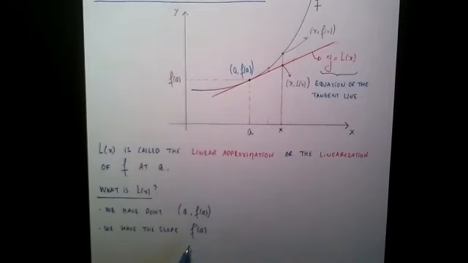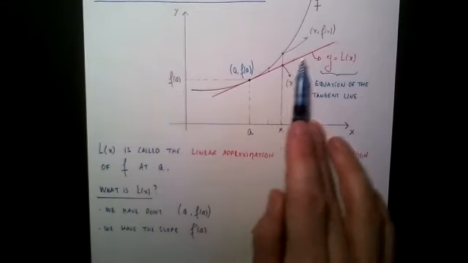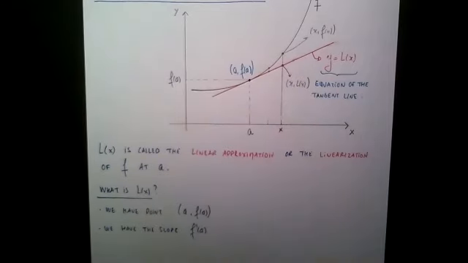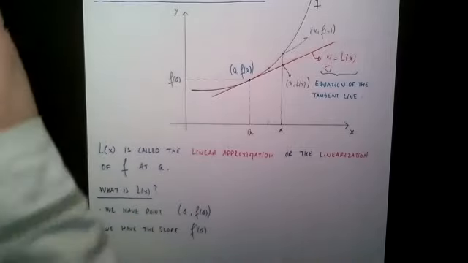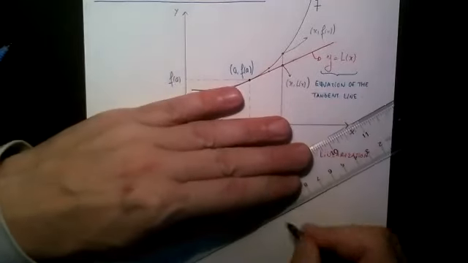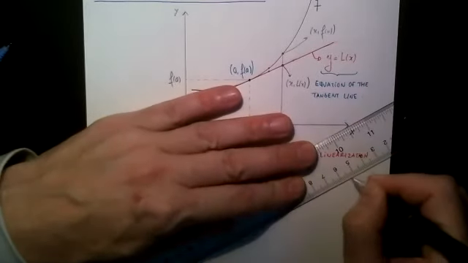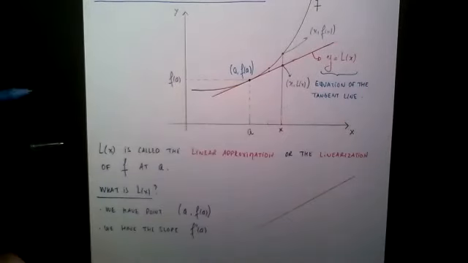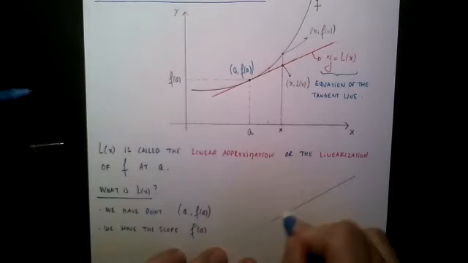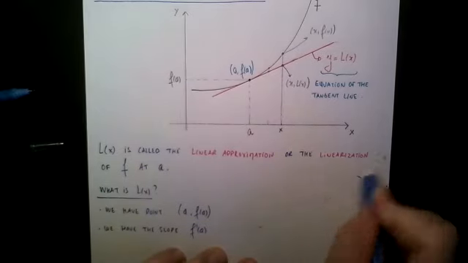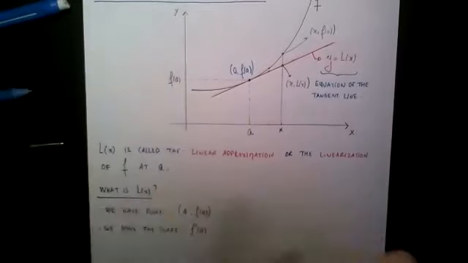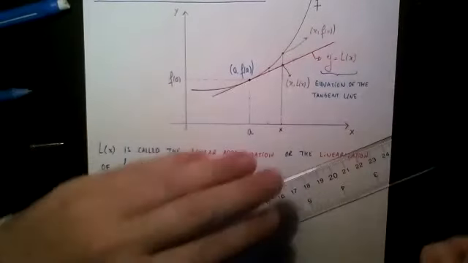So we could find now the equation of the red line. Let me draw it here in red so that you understand when you're at home that I'm talking about the tangent line. We draw the exact same line here.